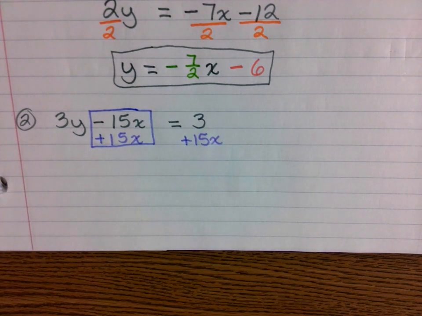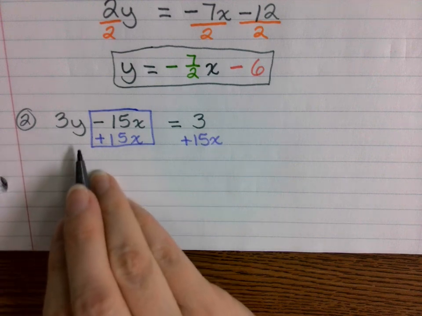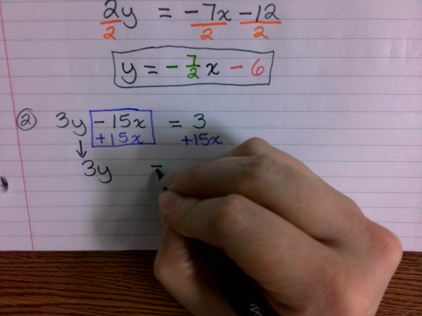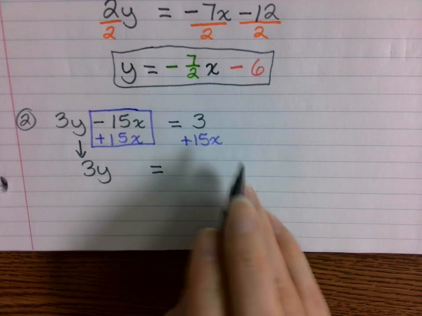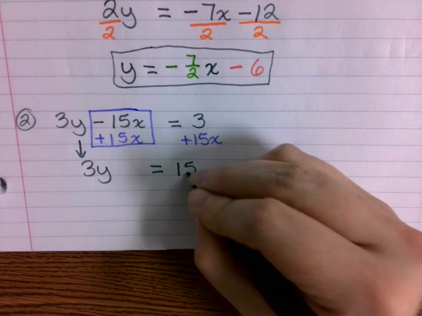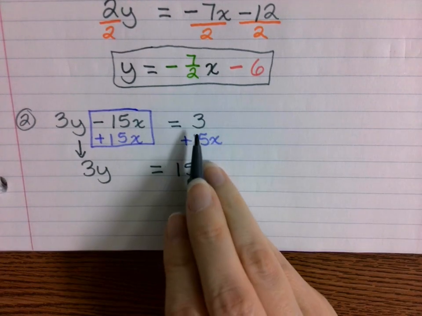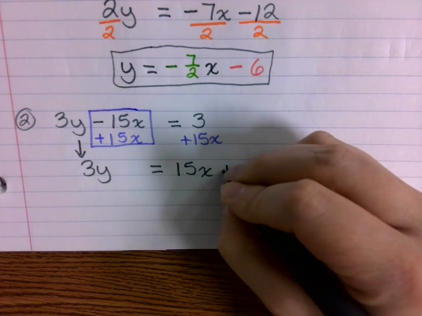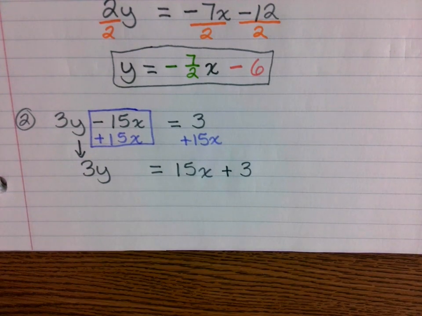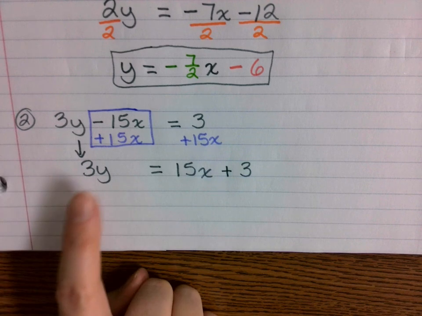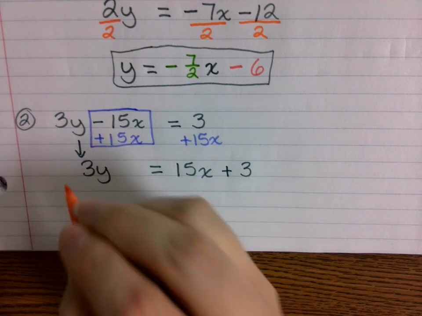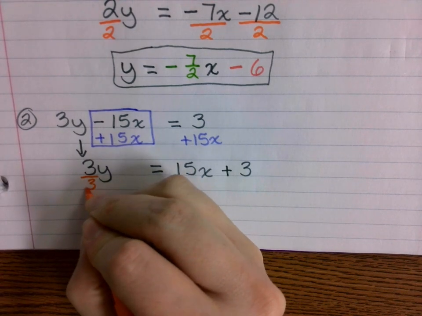Okay, so what I'm left with on the left side is just 3y. What I've now created on the right side is a positive 15x, so I just write 15x. And I have a positive 3, so I'm going to write plus 3. Now I need to get the y isolated, so I am going to divide everything by 3.